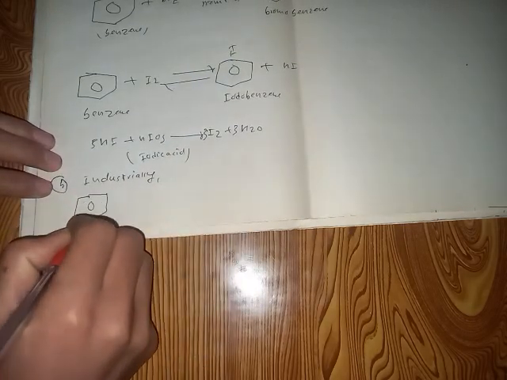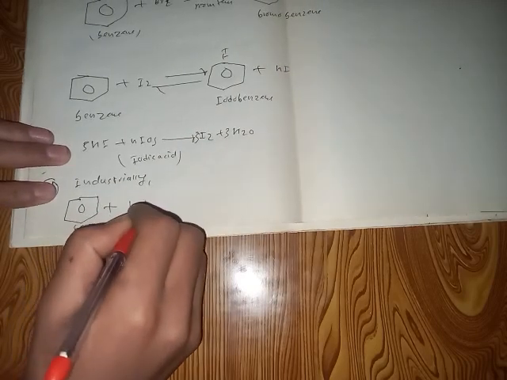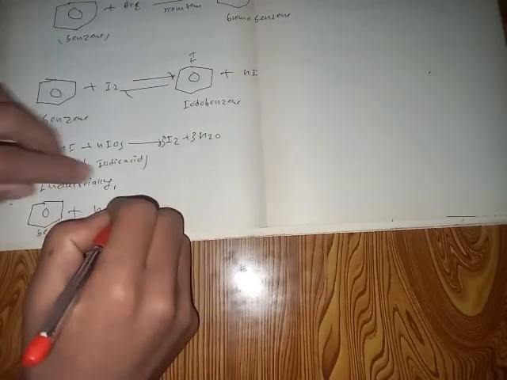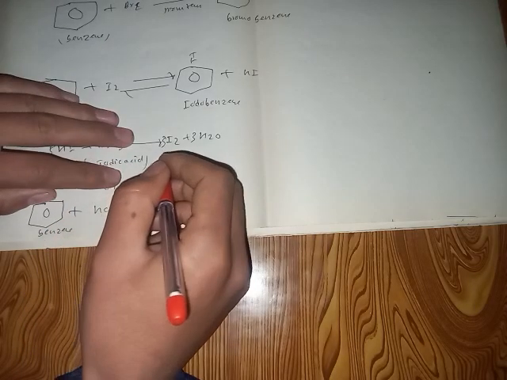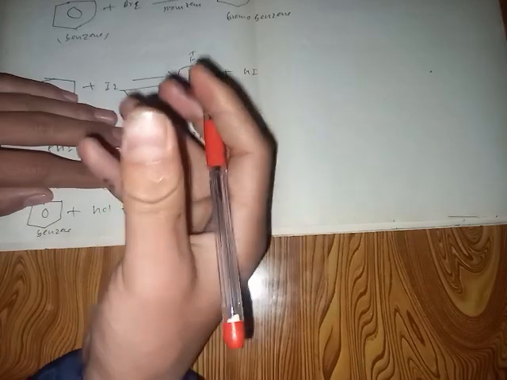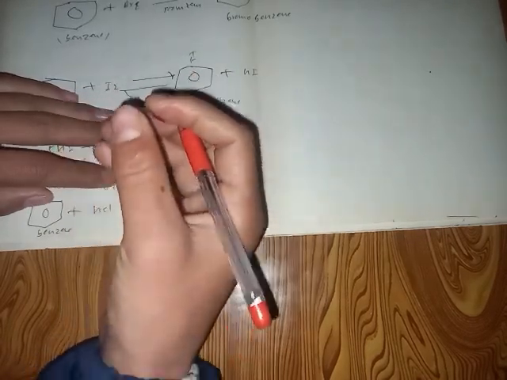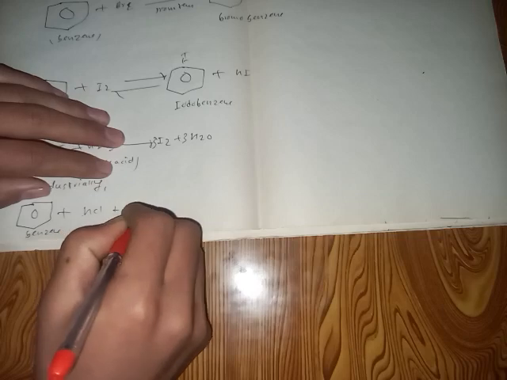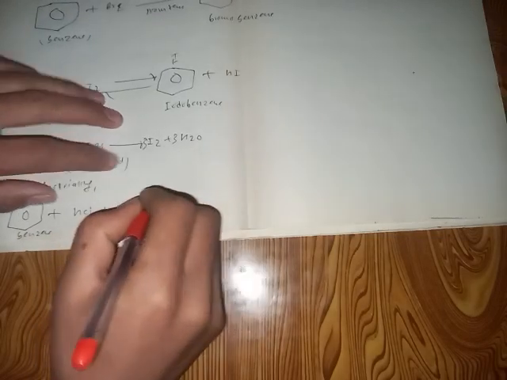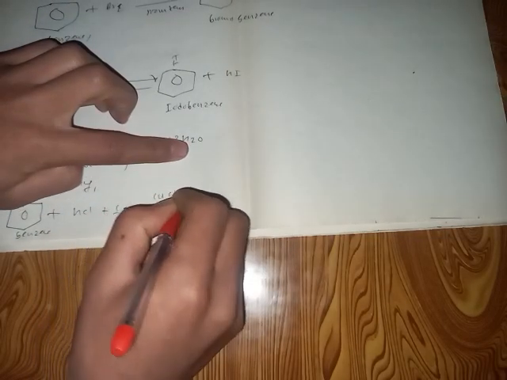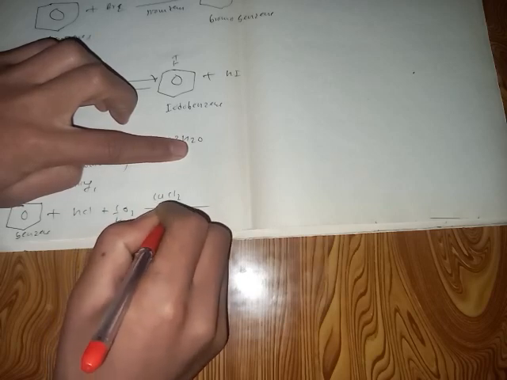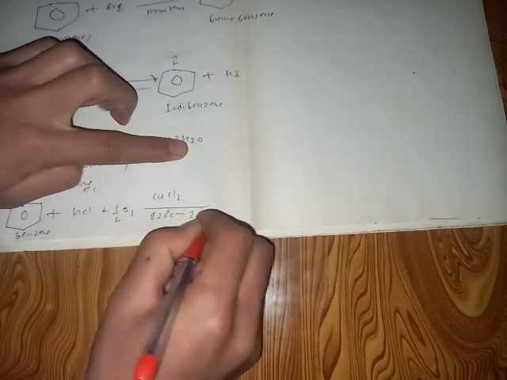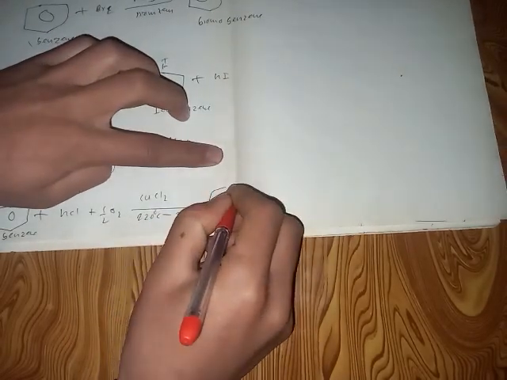The name of this compound is benzene. It reacts with hydrogen chloride and half an oxygen over cupric chloride at a temperature of 220 degrees Celsius to 230 degrees Celsius, to give the new product.